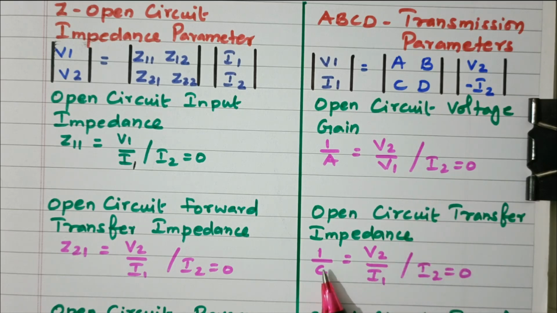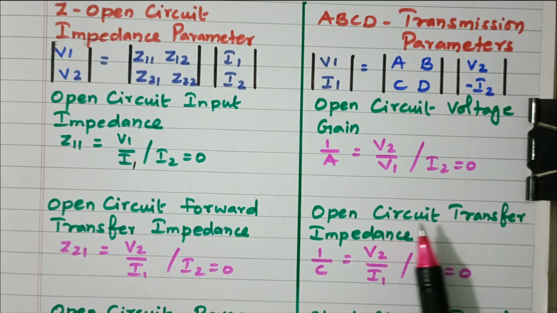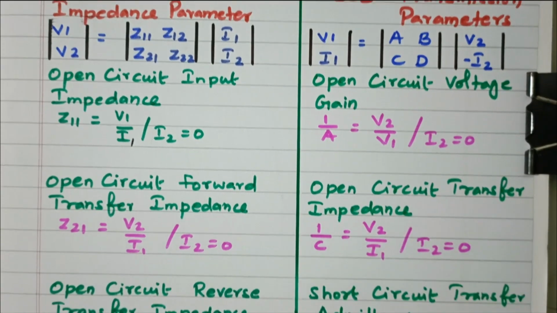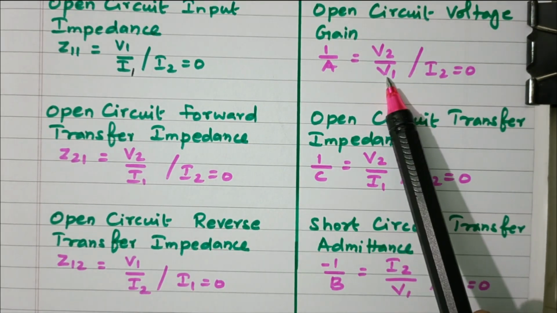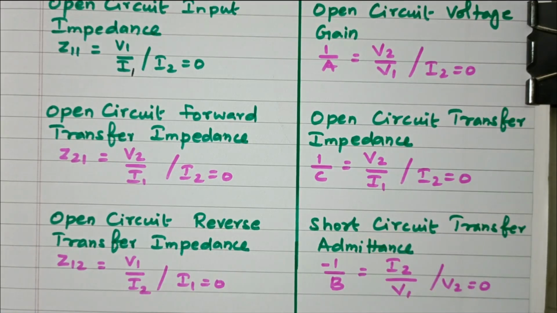Then the second one is 1 by C, V2 by I1. Voltage by current, so it is an impedance. Output port by input port, so it is the transfer impedance, open circuited, I2 equal to 0, so the open circuit transfer impedance. So the first is a voltage gain, and this one is an impedance.